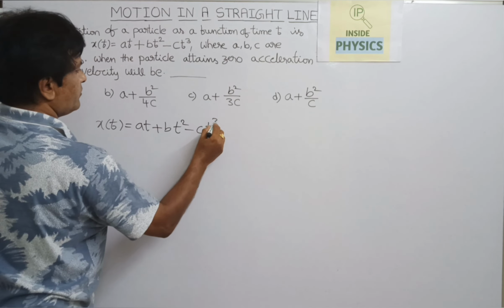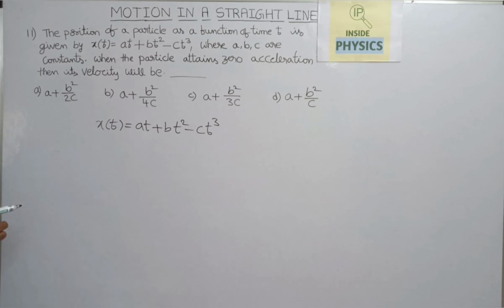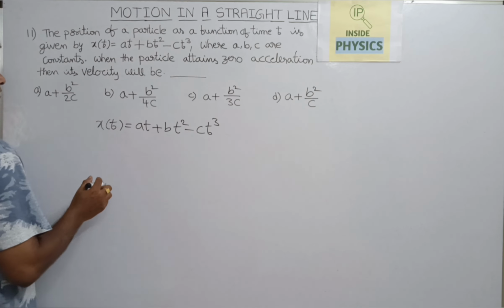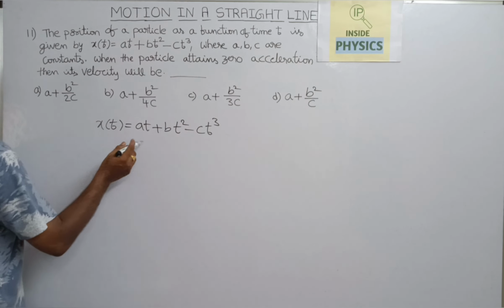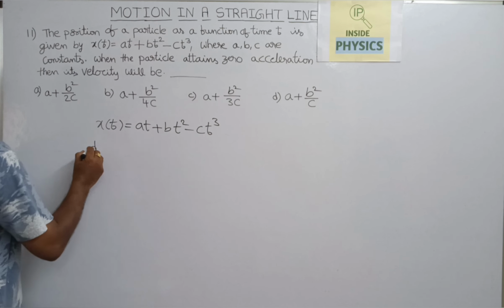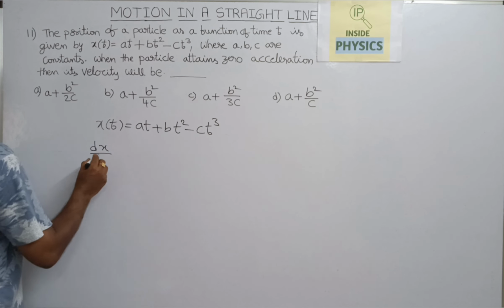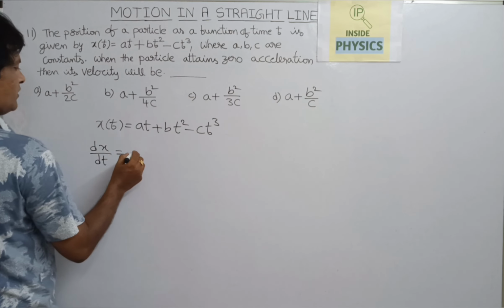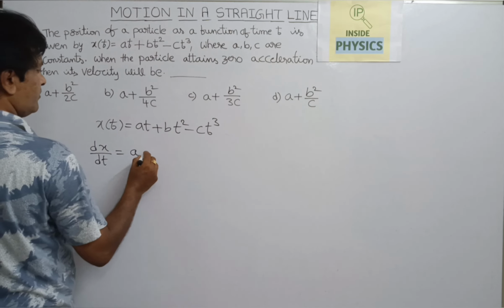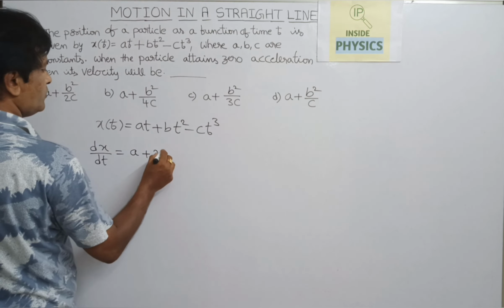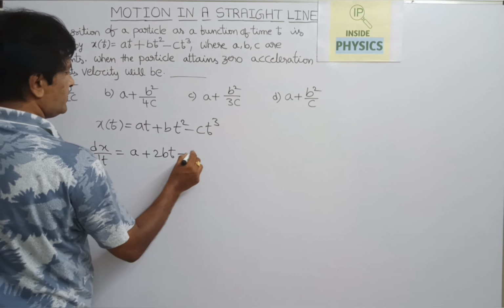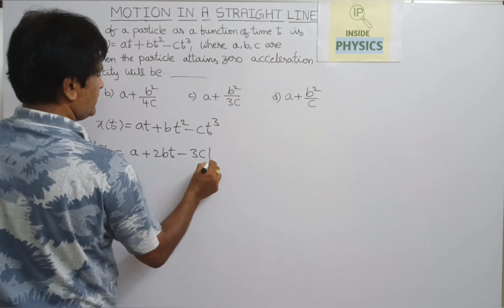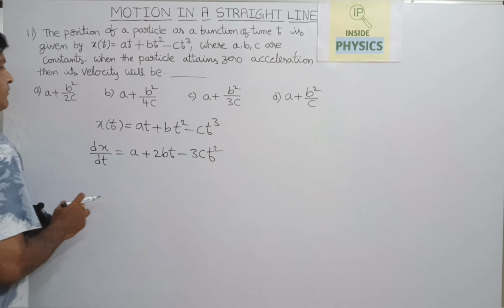So here we will differentiate this equation with respect to time on both sides. dx/dt is equal to a plus 2bt minus 3ct².